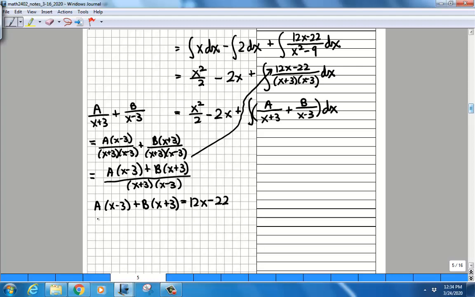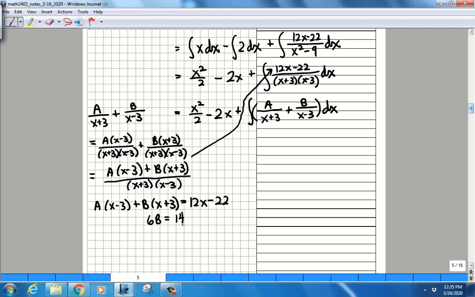Let's see. If I substitute 3 for x, this term will disappear, so I'll get 6 times b is equal to 3 times 12 minus 22.